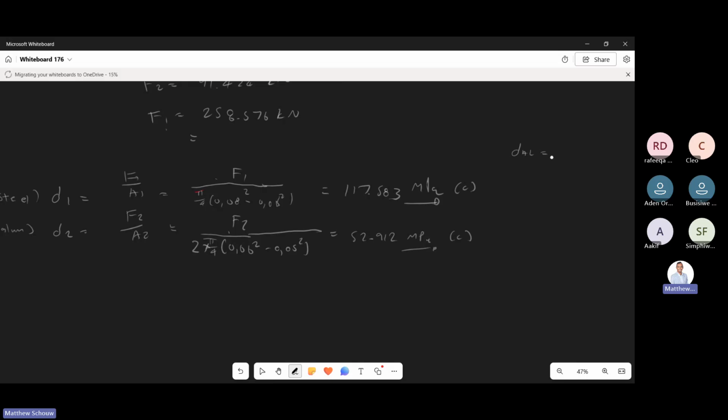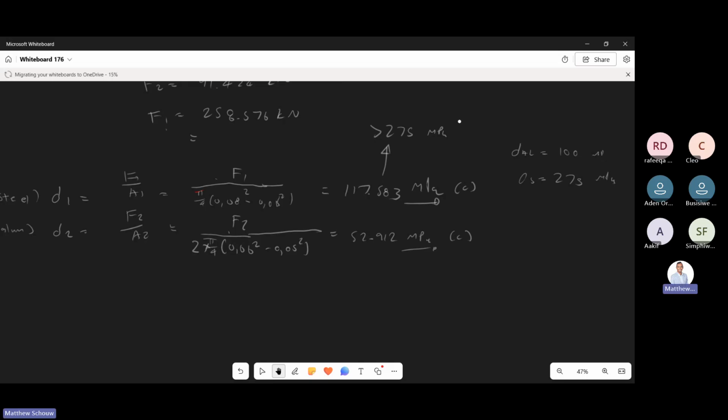Let's say for steel it was 275, and for aluminium it was 100 MPa. As long as these values are less than those values, the structure will be fine. Is it clear to everyone? So if we load this thing further, if we put more weight on it, these values are going to increase. If this value exceeds 275, do you know what that means? It's going to start to deform. Is it clear to everyone? Think about the tension graph. Are you with me?